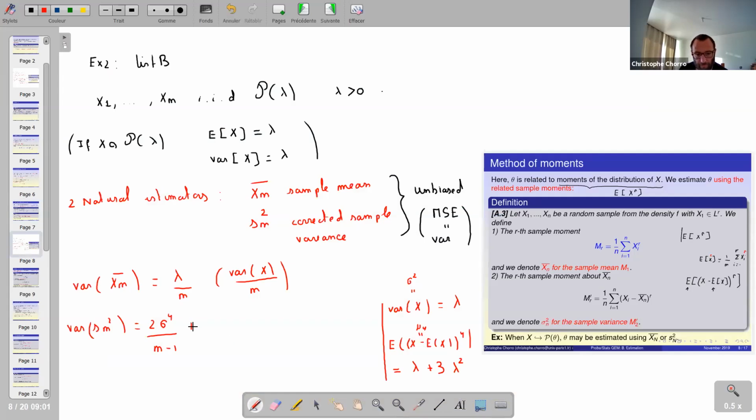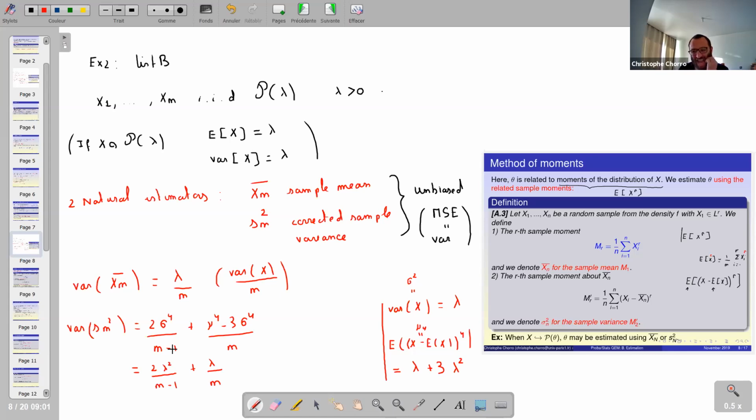And if I plug in using this, I obtain for this expression 2 lambda square over n minus 1 plus, for mu 4 minus 3 sigma 4, just lambda over n.